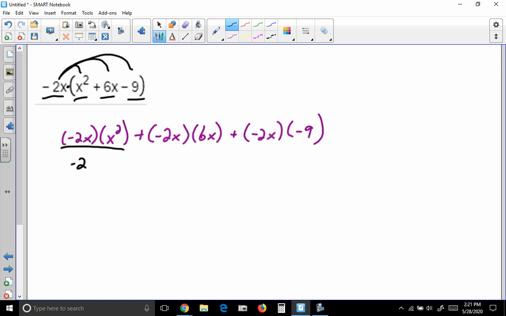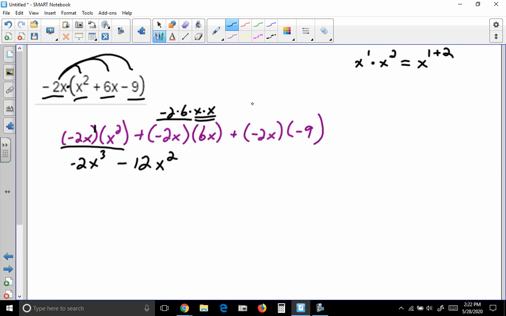So when these are multiplied together, we have negative 2 times 1, so negative 2. And when we multiply our x's, x to the first times x squared, remember we add our exponents. So we get x cubed. Here we have a negative times a positive, which is a negative. 2 times 6 is 12. x times x is x to the second. Of course, you could rearrange that if you need to, put the numbers together, put the letters together, but still that makes negative 12 x squared.